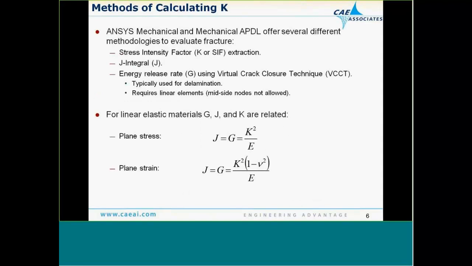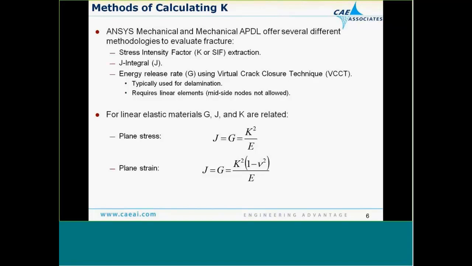ANSYS Mechanical, and of course this is available in APDL as well, allows you to calculate the stress intensity factor directly, or you can obtain the J integral or the energy release rate using the virtual crack closure technique. These are now all available both in Workbench and Mechanical APDL.